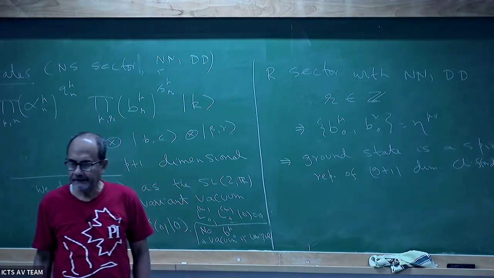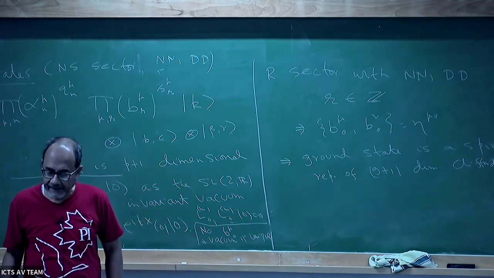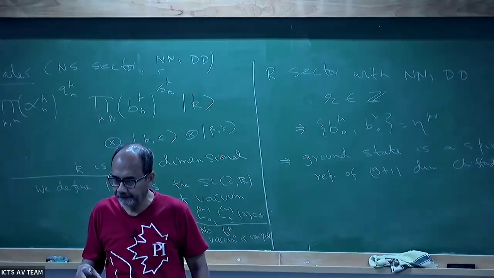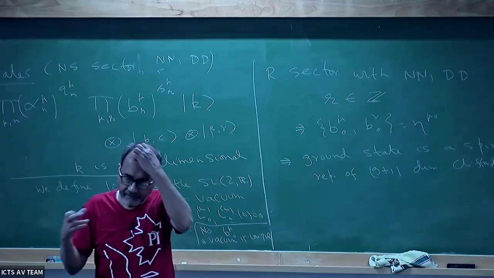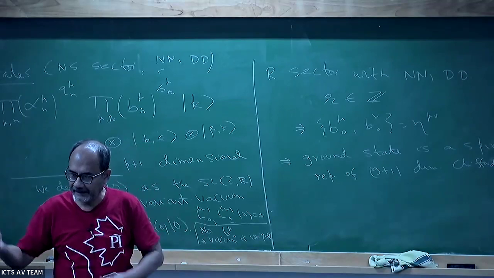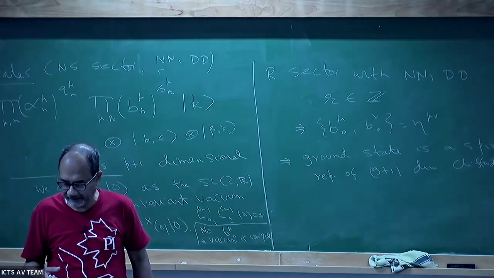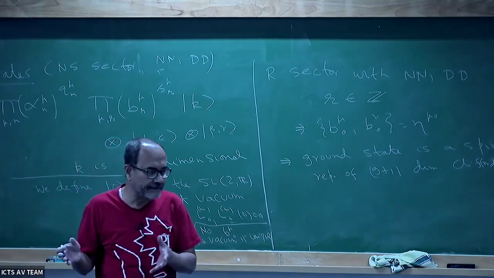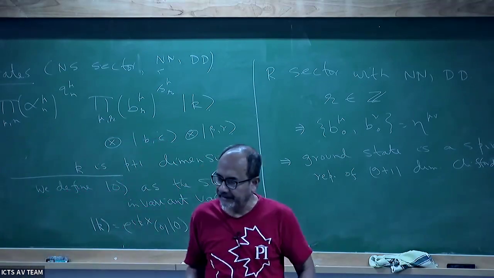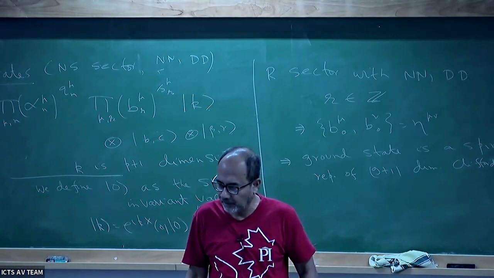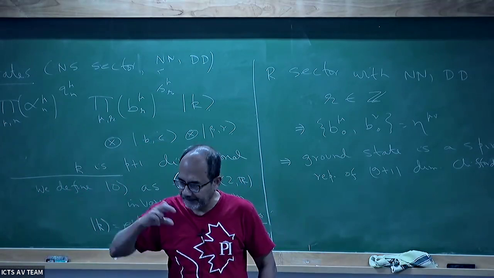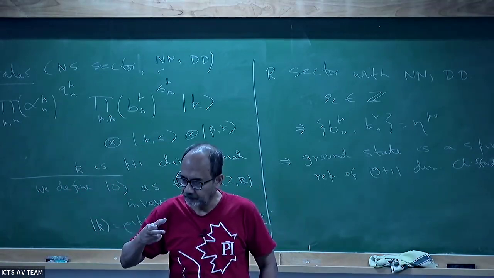For beta gamma, the boundary condition is correlated to whether it's Ramond or NS. Because X can have integer modes, psi can have half integer modes. So T_F in the NS sector has half integer modes. To compensate for that, it had better be that beta gamma has half integer modes. Okay?